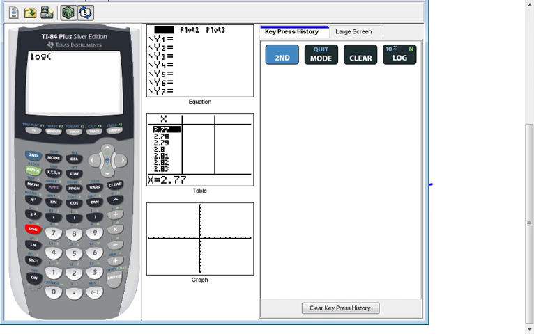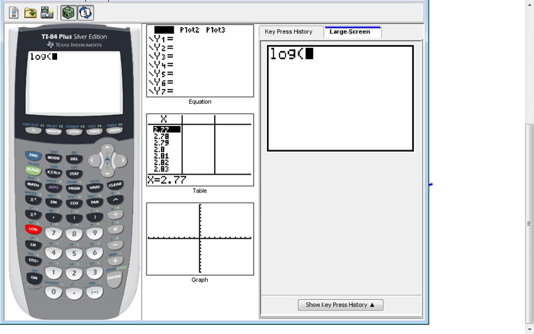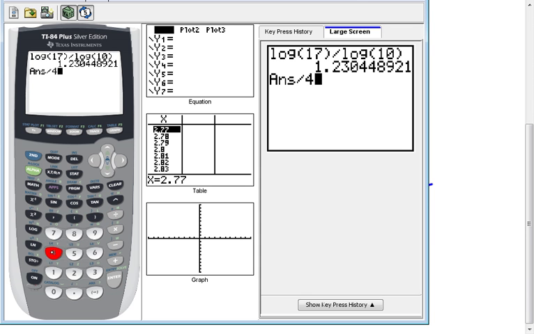Log of, let's see, I'm going to clear this out. We'll start over. Log of 17, close that, divided by log of 10. Close that. You can press equals if you want, but then I need to divide that quantity by 4.